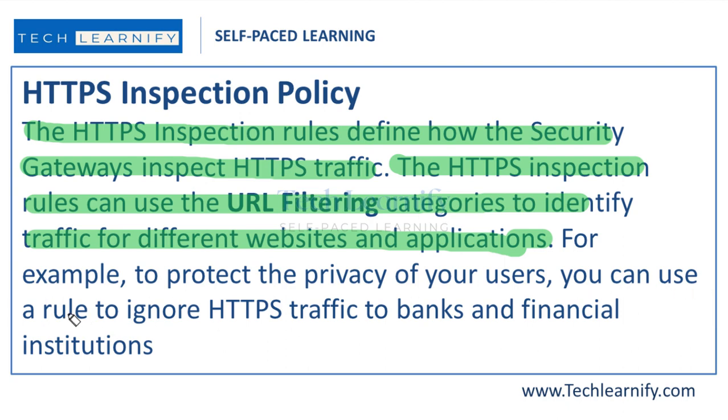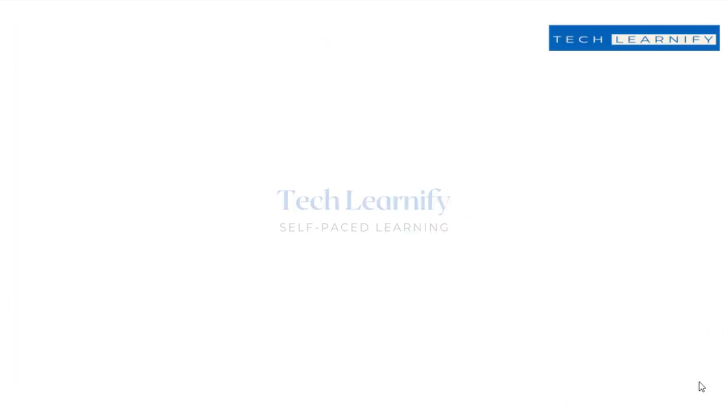For example, you can use a rule to ignore HTTPS traffic to banks and financial institutions, or medical and health related websites. All right, in the next section we are going to see the HTTPS inspection lab, where I'll show you how you can enable HTTPS inspection in your environment.